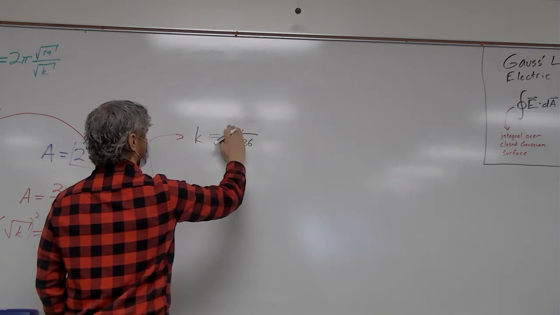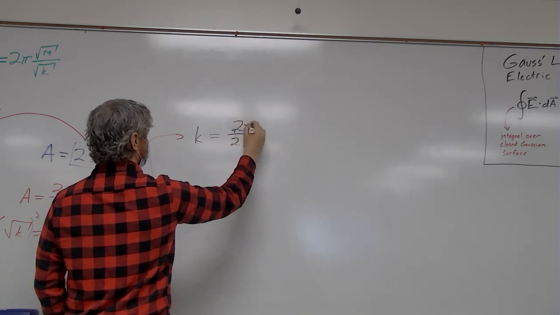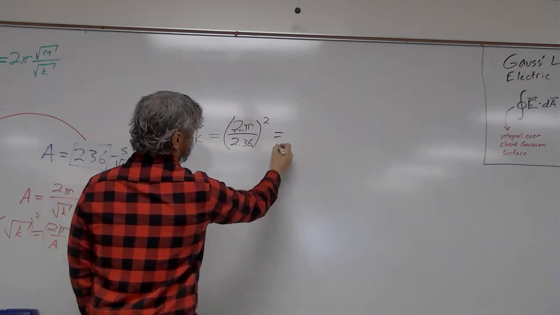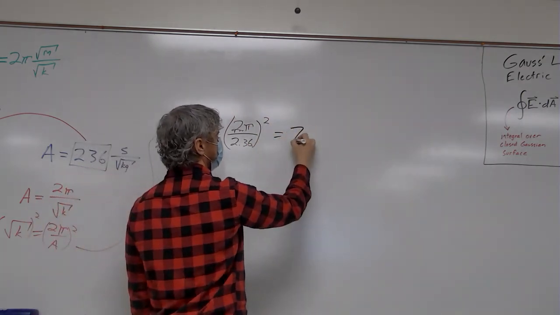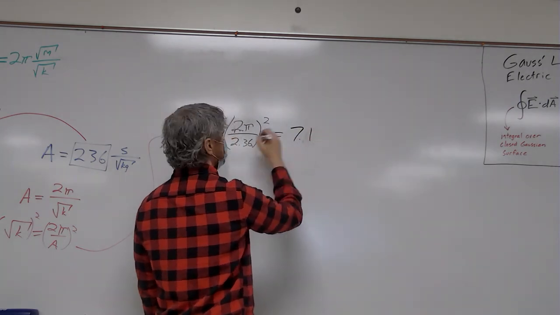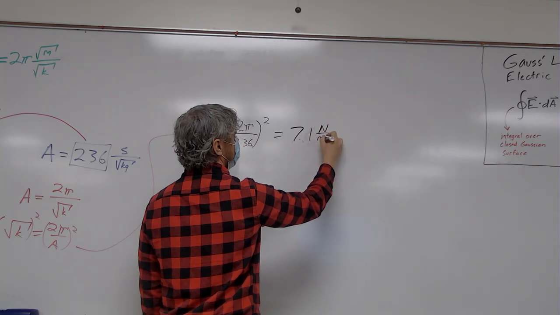Actually, let me just do 2 pi because I'm putting this in the calculator. 7.1. Spring constant units, newtons per meter.